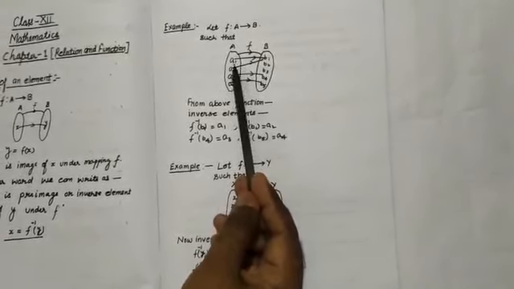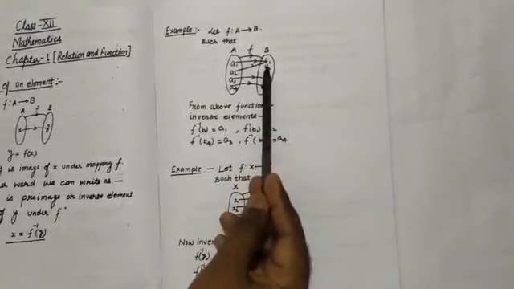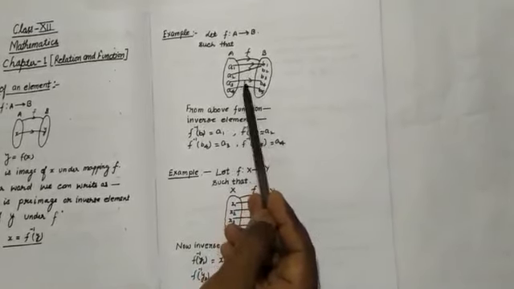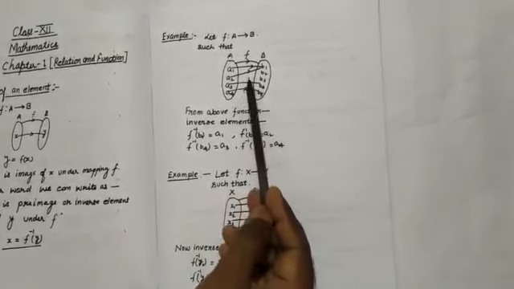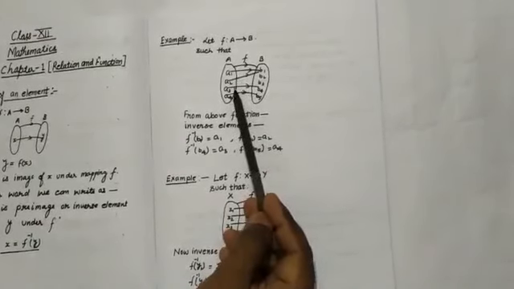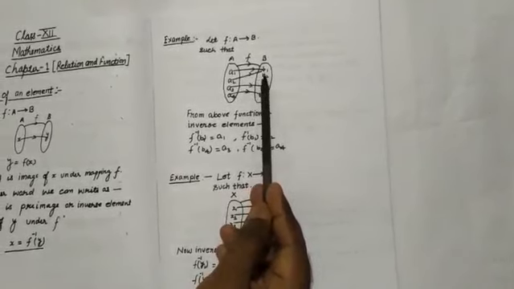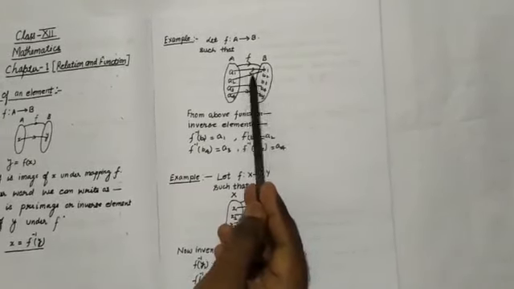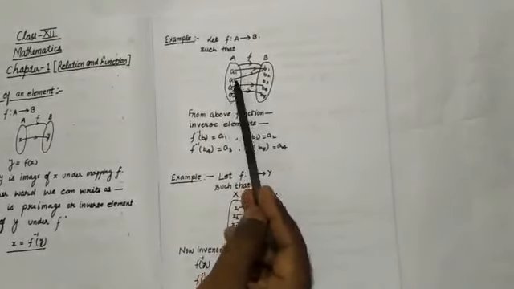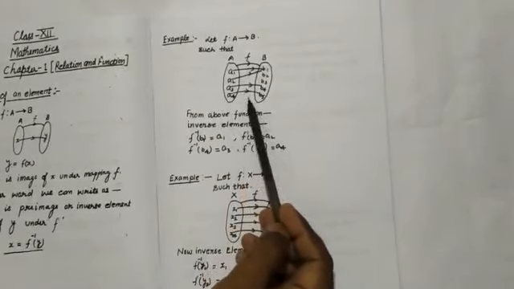Here two different elements a1, a2 have the same image in set B, so it is not a one-one function; it is many-one. If a function is not one-one, then it will be many-one. It means that if an image has more than one pre-image in the domain set, then the function is said to be a many-one function. So it is a many-one function.